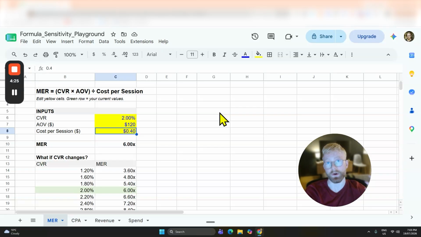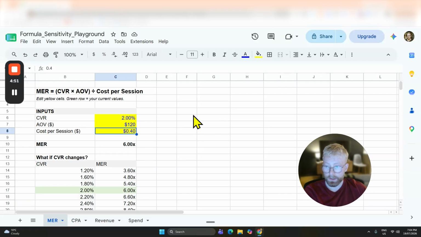Do you have good creatives that are driving very efficient traffic into the funnel? And then do you have a good remarketing strategy when it comes to your middle of funnel to really nurture those users through to purchase, right? Point is cost per session is something that I think is the easiest to control here.